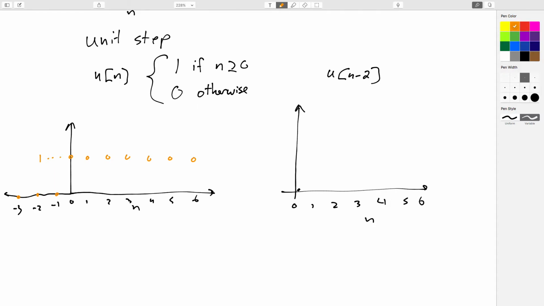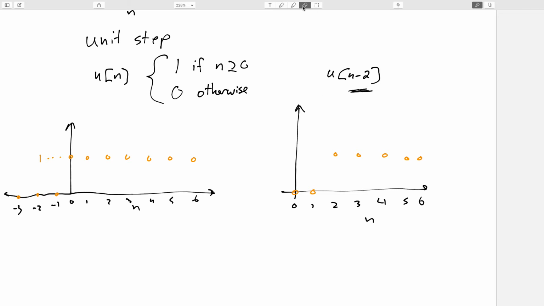When n equals 0, 0 minus 2 gives us a negative 2 inside the brackets. That is the otherwise category here, so that's a 0. When n is 1, it's the same situation, negative 1 in the brackets. When n is 2, 2 minus 2 is 0, so that actually finally becomes a 1. And it goes on like this. And so we can see it's a delayed step. So by adding in that negative 2, or negative whatever, we can delay a system.